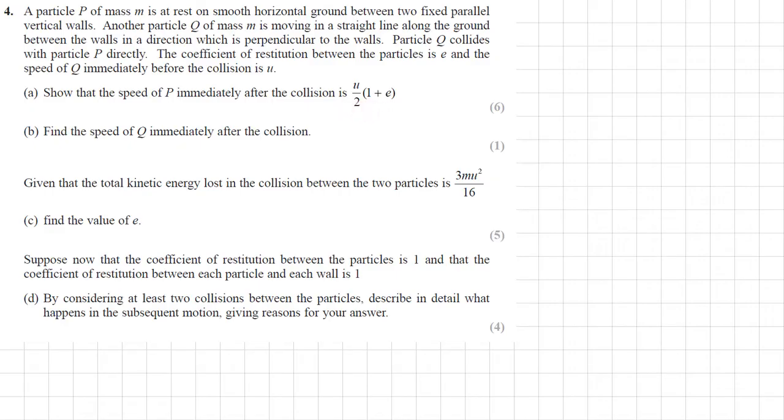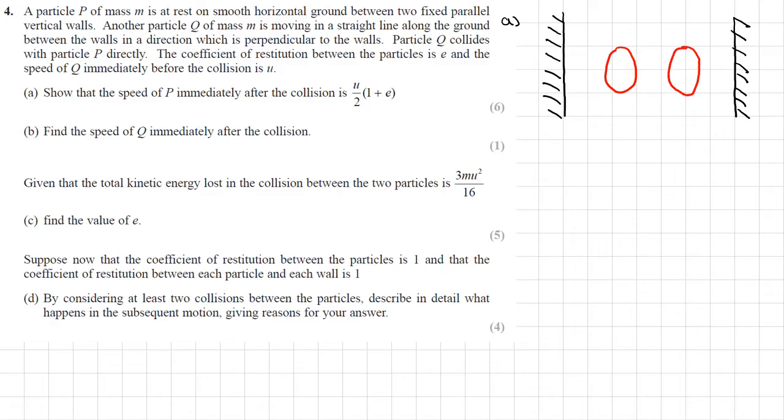So the first thing I do, and which I would do on pretty much all mechanics questions, is to draw a diagram. First of all, I'm going to draw my two walls which are parallel to each other. Between them I have P and Q, my two particles. They both have mass m.